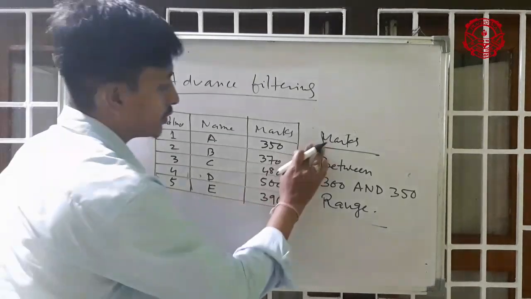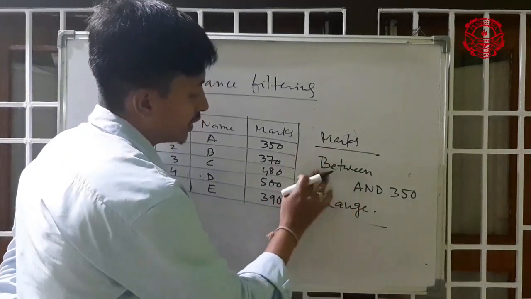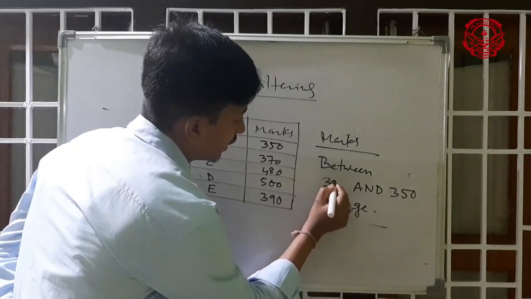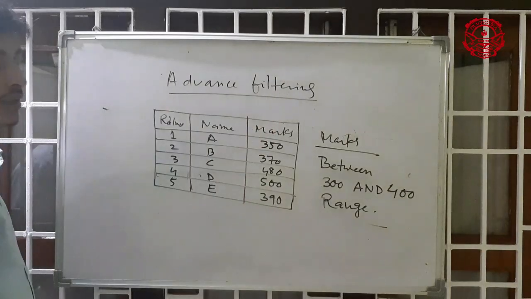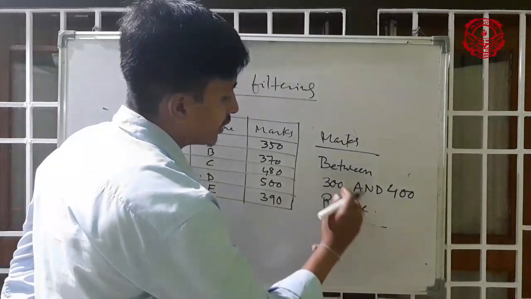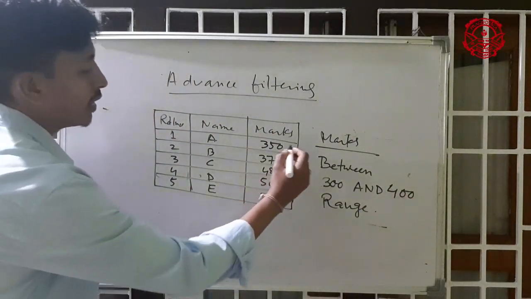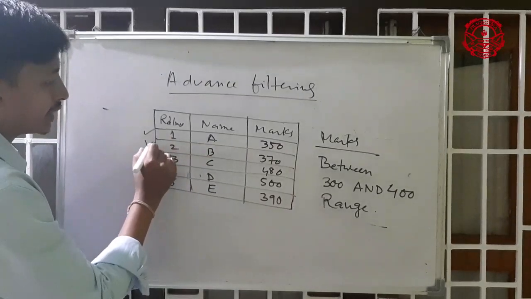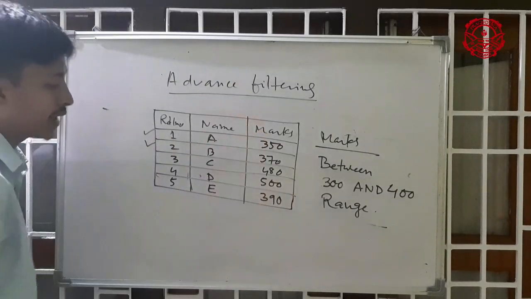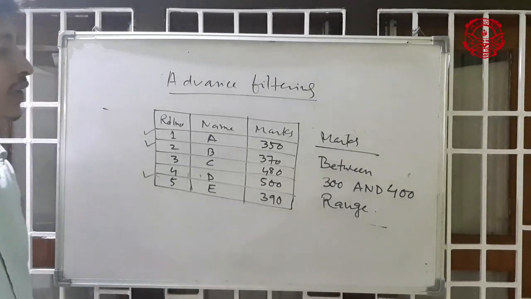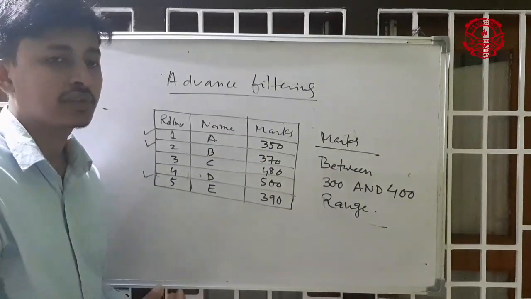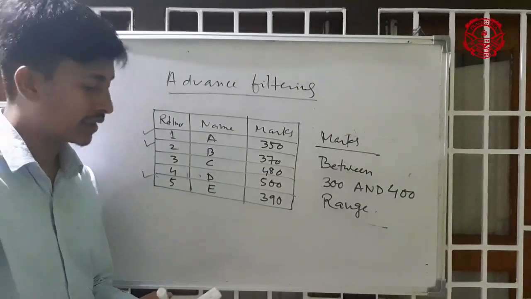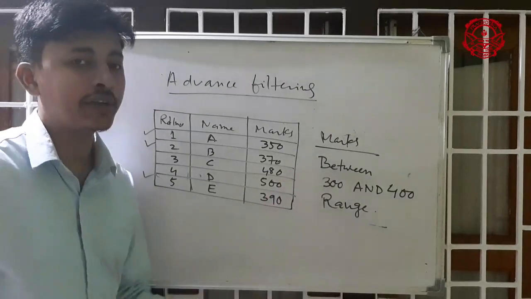Say, for example, I want to view the records with marks between 300 and 400. The range between 300 and 400 means 350, 370 and also 390 are displayed. So this is called advanced filtering. The between operator is used here.